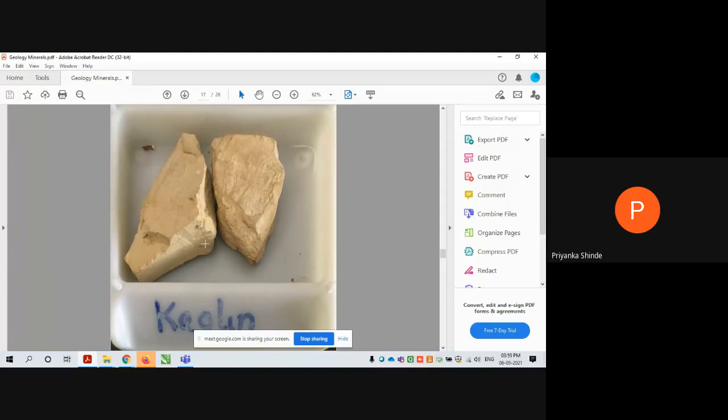If you touch it, it crumbles between the fingers, meaning it becomes powder very easily, because it is less hard. The main use is in paper, paint, textile industries, then in cement, and even in china ware and brick industry. These are the uses of kaolin.